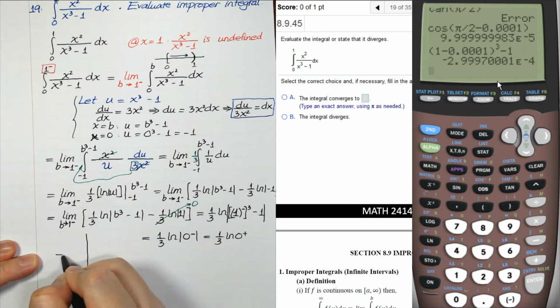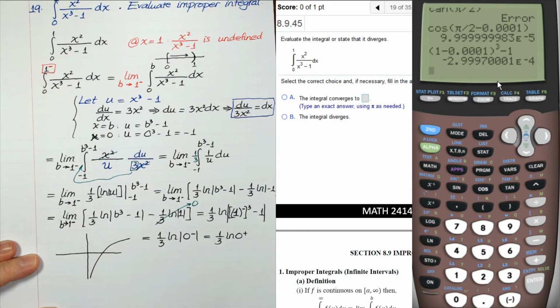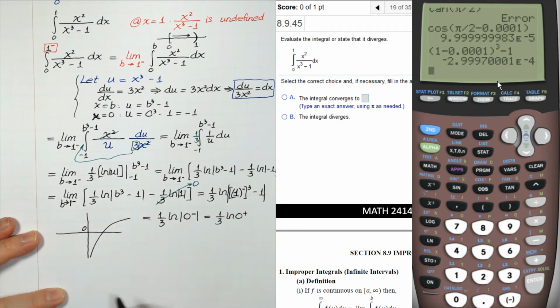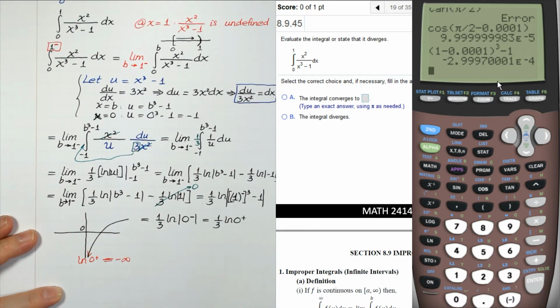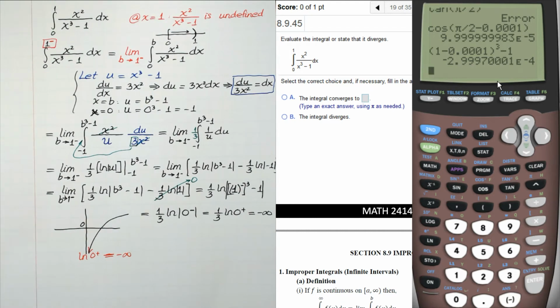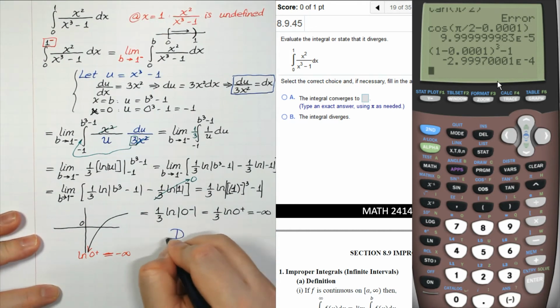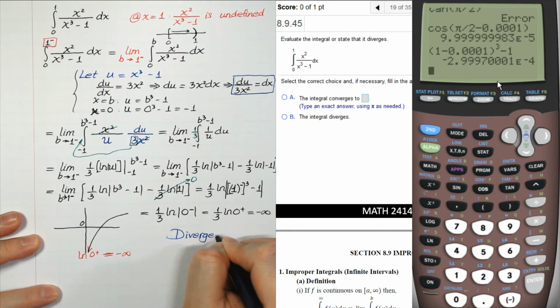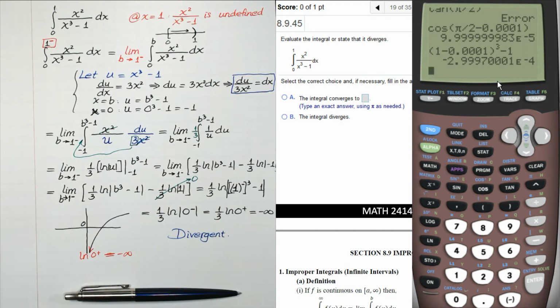So the ln function, when x goes to 0 plus, the ln goes to negative infinity, which is divergent. Right, by the way, just because on the review we have divergent, doesn't mean on the test it will be divergent. It just happened here that it is divergent.